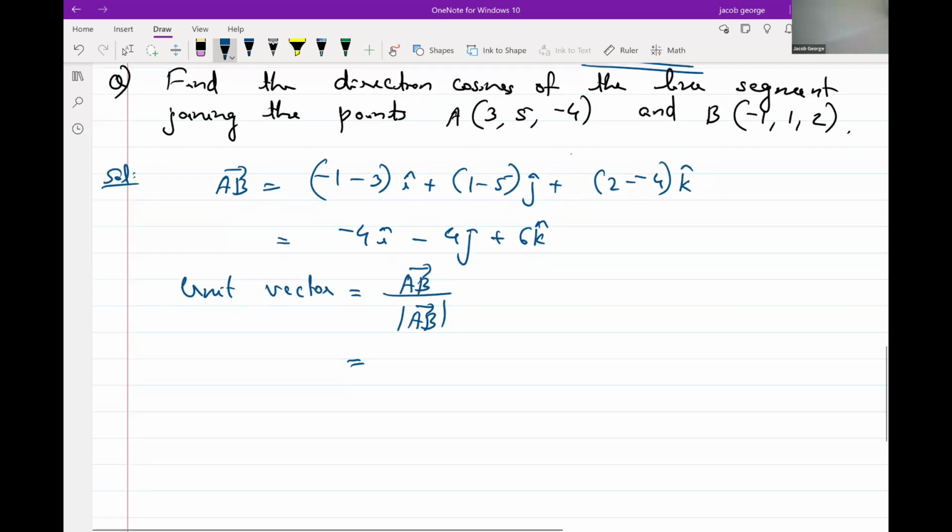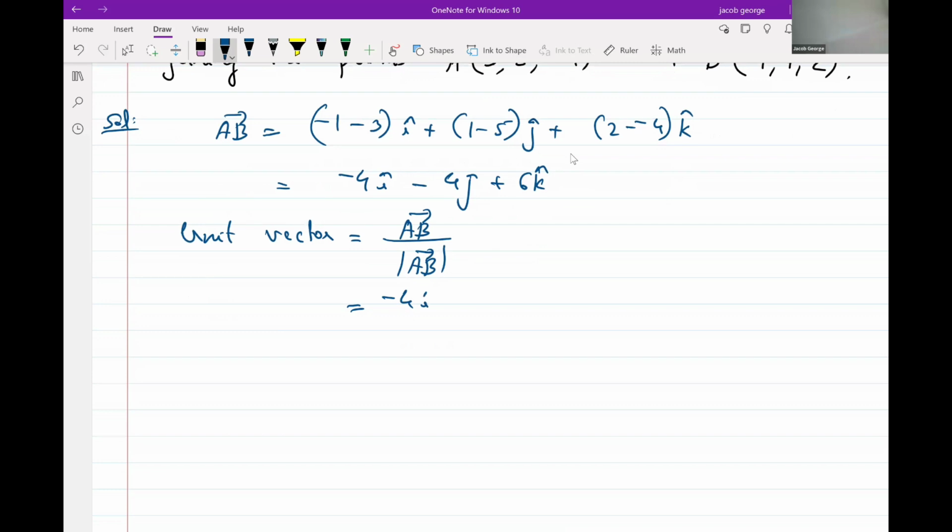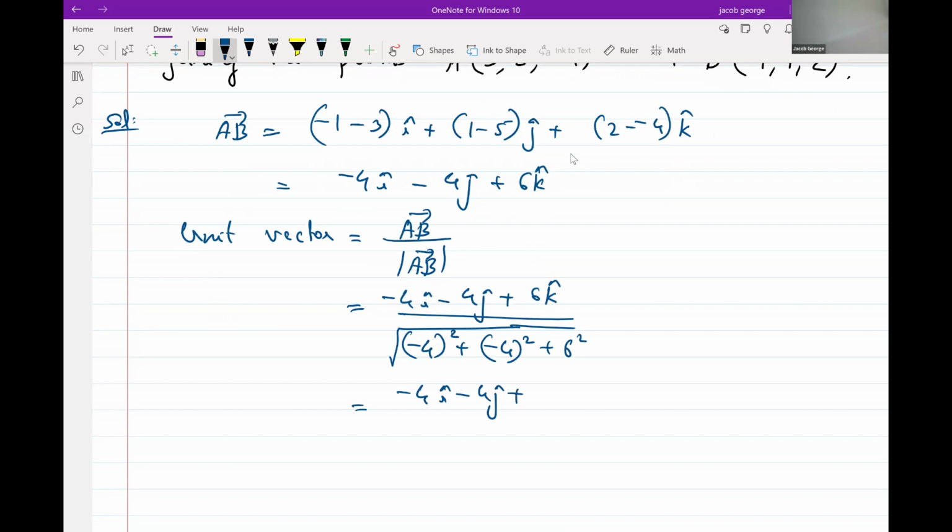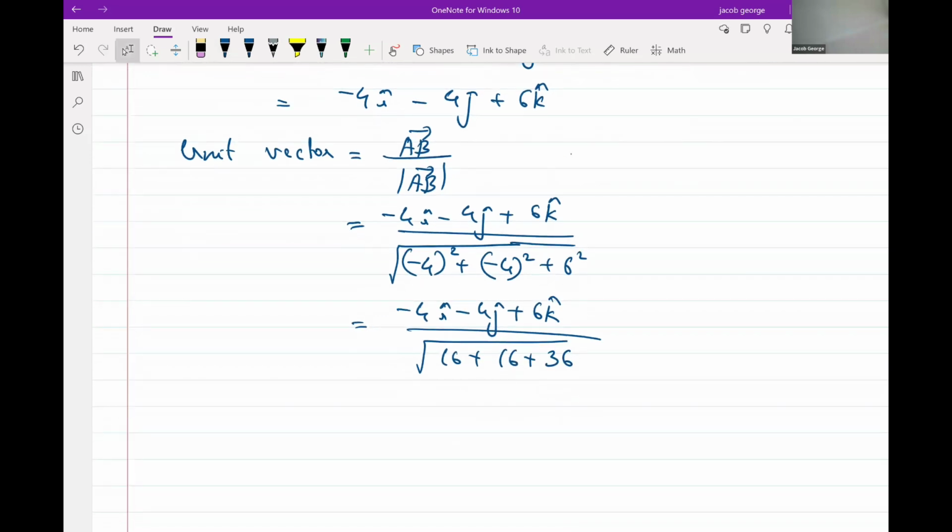So this comes like this: minus 4 i cap minus 4 j cap plus 6 k cap upon square root of minus 4 square plus minus 4 square plus 6 square. That is equal to minus 4 i cap minus 4 j cap plus 6 k cap upon root of 16 plus 16 plus 36. So what do you get here? Root of 68.